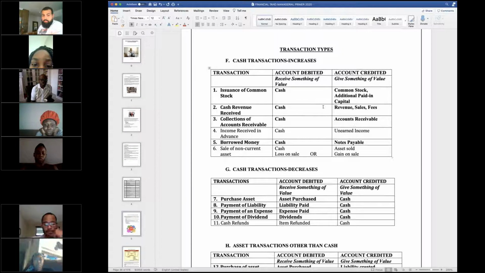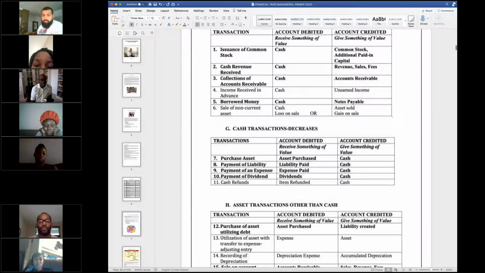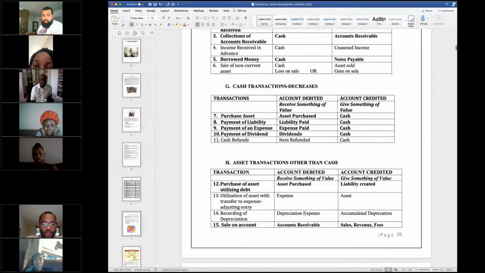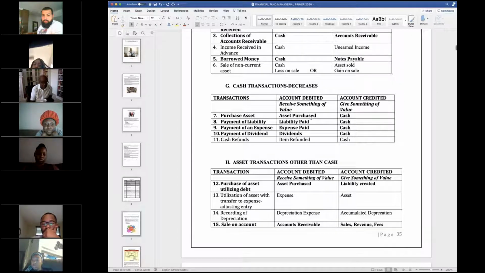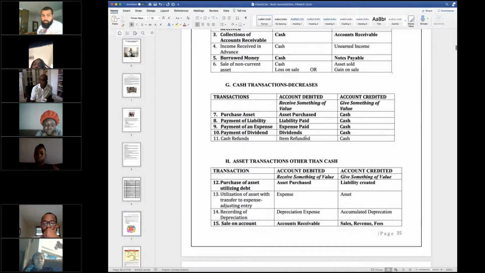And this showed the credits. So when you have cash coming in, you've got to find 1 through 6. If cash is going out, it's 7 through 11. So here, cash is always credited. Then you debit the asset purchased, the liability paid, the expense paid, the dividends, all the item refunded.